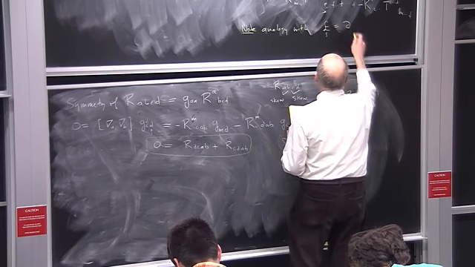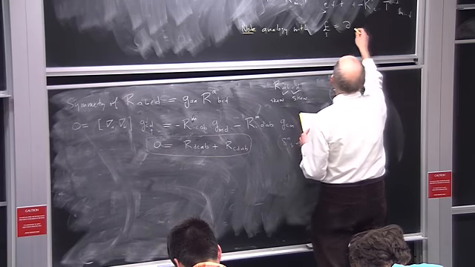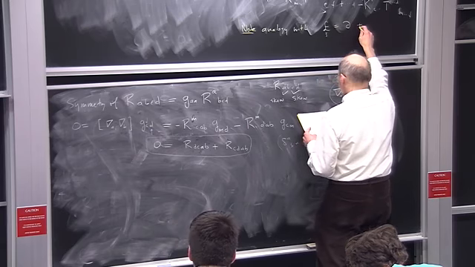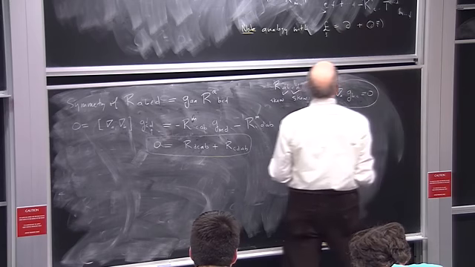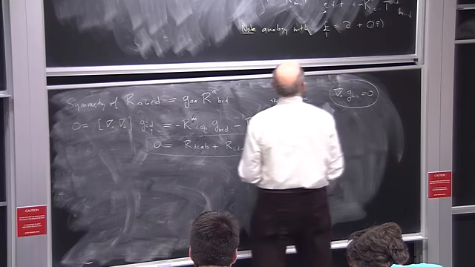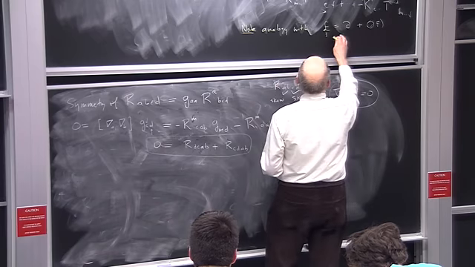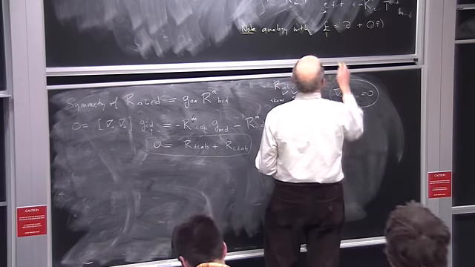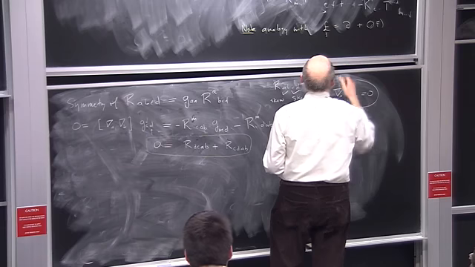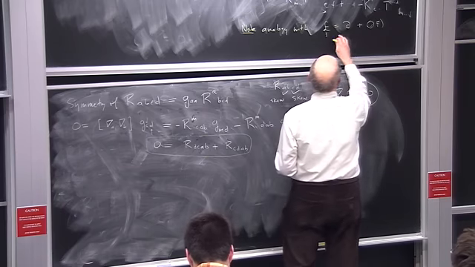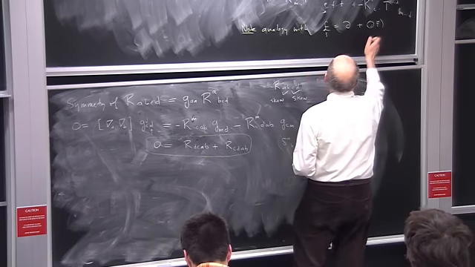Remember, they looked like this. Here I've written, in a very abstract way, a term that would have been there if it had been an ordinary partial derivative, and then correction terms which involve the gradient of C.